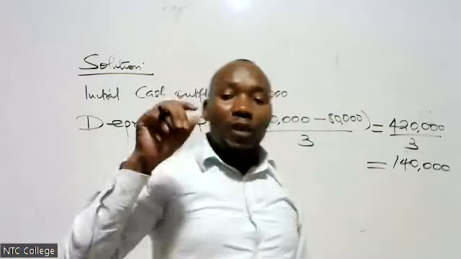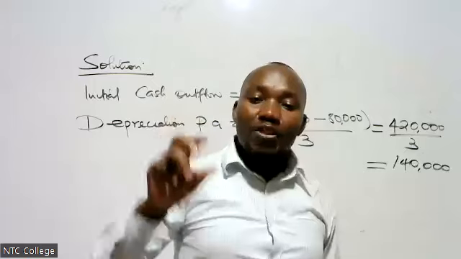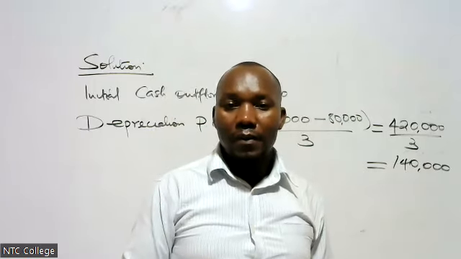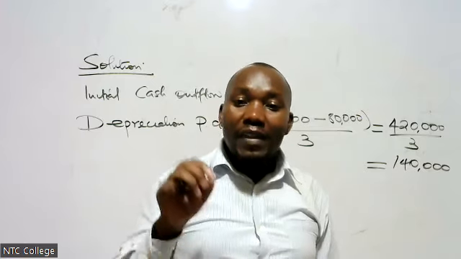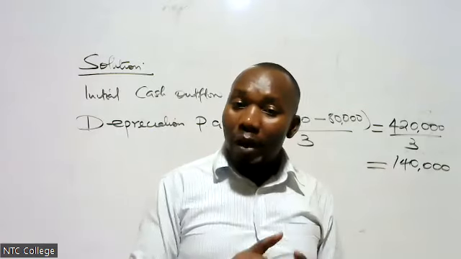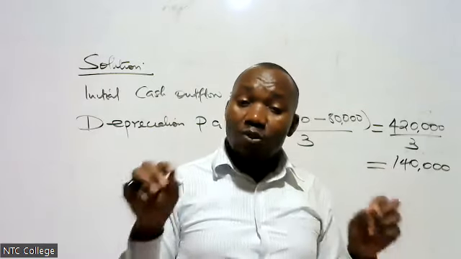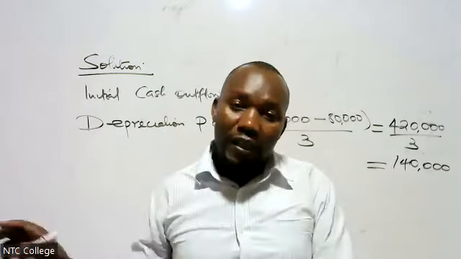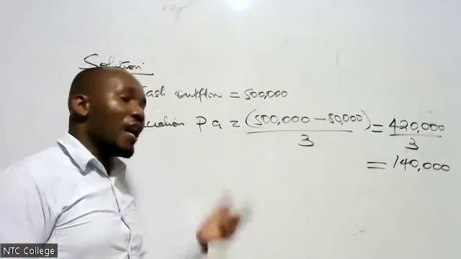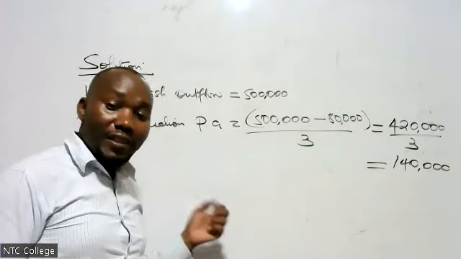Because when you talk about cash flow, we are talking about actual money that has left your bank account. Actual money that has flown either in or out. We are not talking about the theories. That is why it is the cash that is flowing. So why is it important to look at depreciation whenever you're given tax?